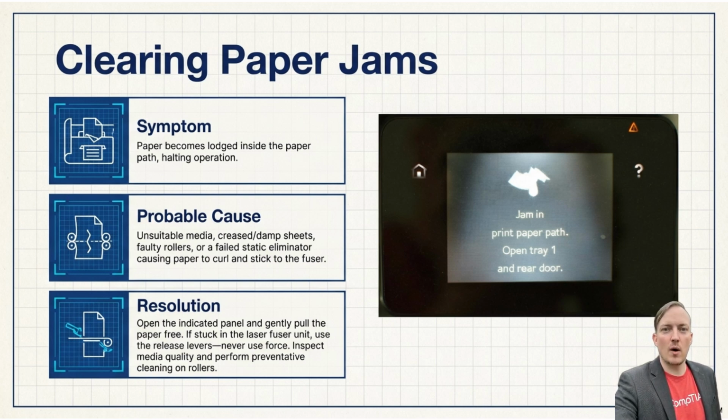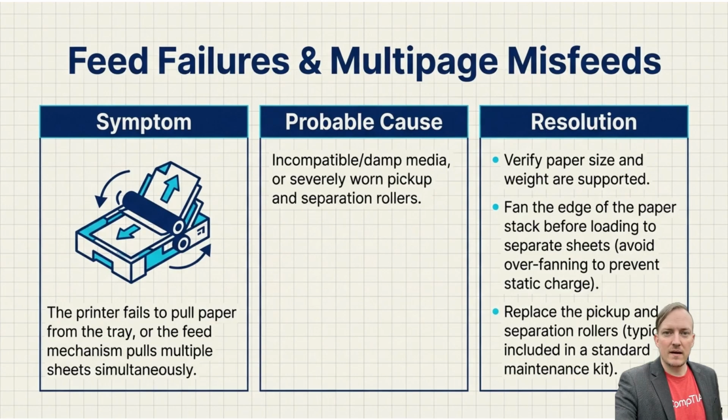To fix it, open the indicated panel and gently pull the paper free. If it's stuck in the laser fuser unit, use the release levers. Never use force. Always inspect media quality and perform preventative cleaning on your rollers. Next are feed failures and multi-page misfeeds. This is when the printer fails to pull paper from the tray, or the feed mechanism pulls multiple sheets simultaneously.